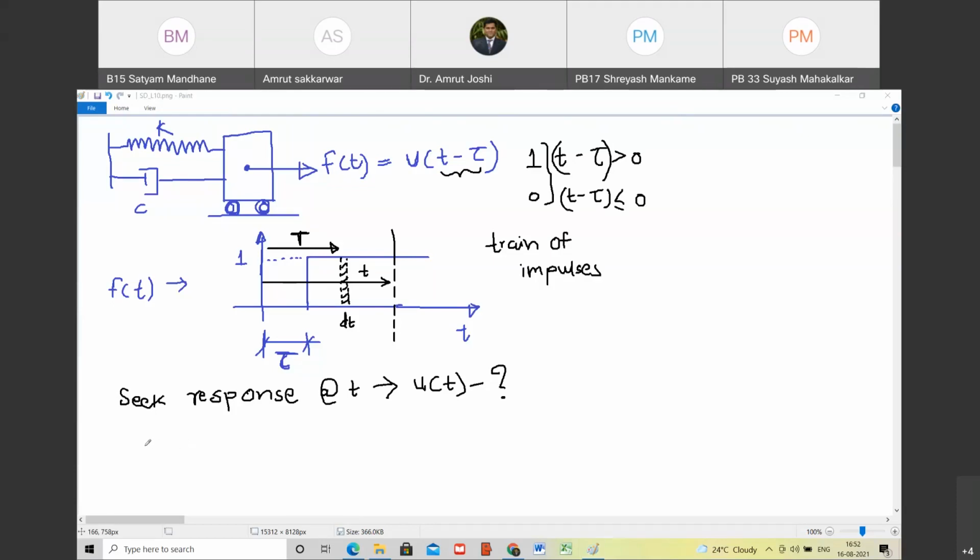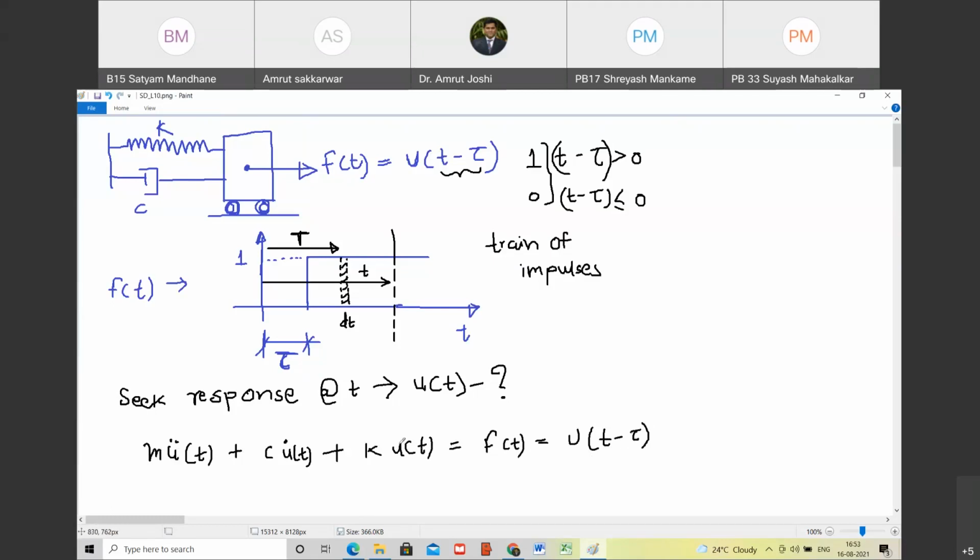The equation looks like this: m u double dot of t plus c u dot of t plus k u of t is equal to f of t. And f of t in this case is u of t minus tau.